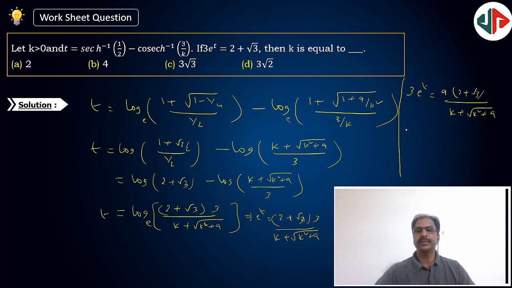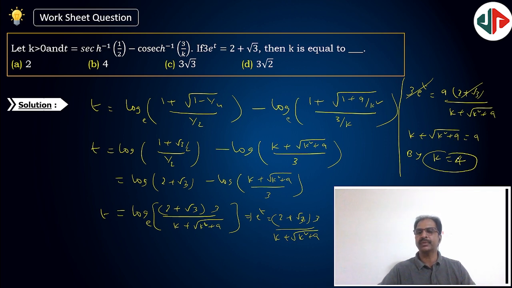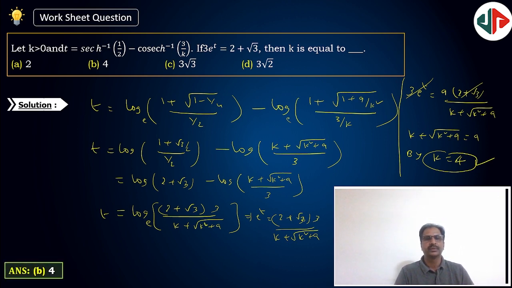But that 3 into e power t is given as 2 plus root 3. So these two get cancelled. So k plus under root k square plus 9 is equal to 9. By trial and error method, k value will be 4. Because if k is 4, 4 plus root 25, root 25 is 5, 4 plus 5 becomes 9. So by verification or by trial and error, the value of k will be 4. So option B is correct.